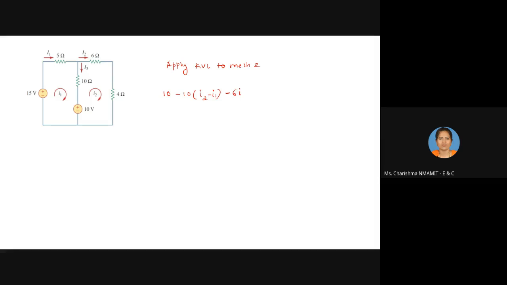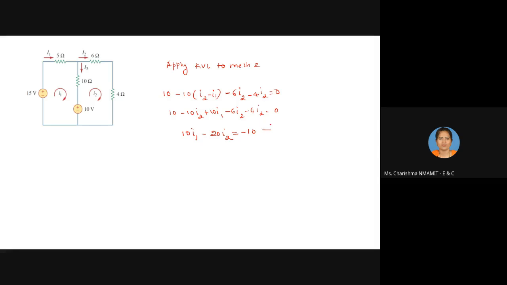So here minus to plus, plus 10, plus to minus 10 into I2 minus I1, minus 6 I2. Forget about that I1, I2, I3, those are the branch currents which are given. Minus 4 I2 equal to 0, or 10 minus 10 I2 plus 10 I1 minus 6 I2 minus 4 I2 equal to 0, or 10 I1 minus 10 minus 6 minus 4, that is minus 20 I2 plus 10 equal to 0, or equal to minus 10.